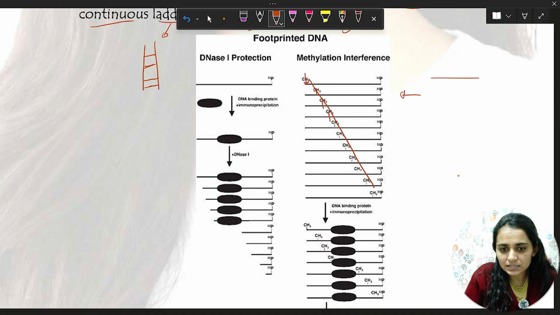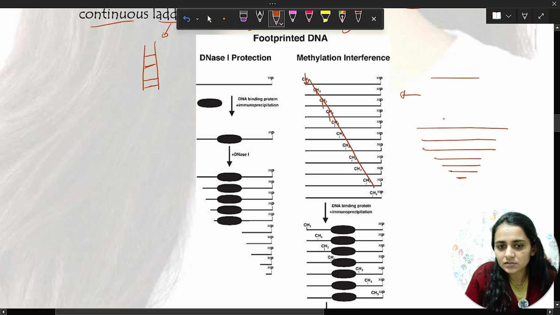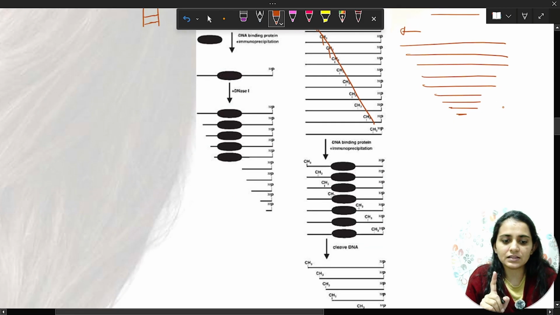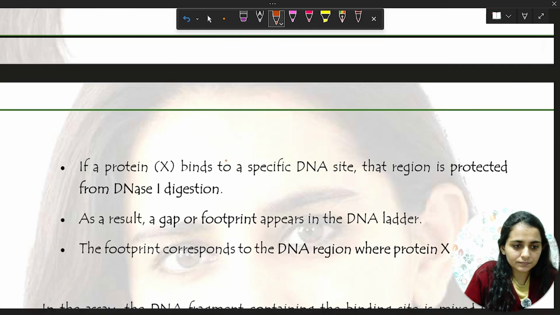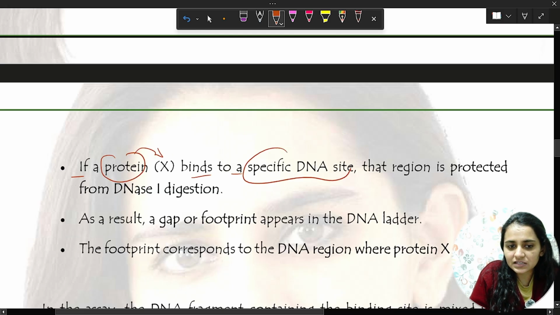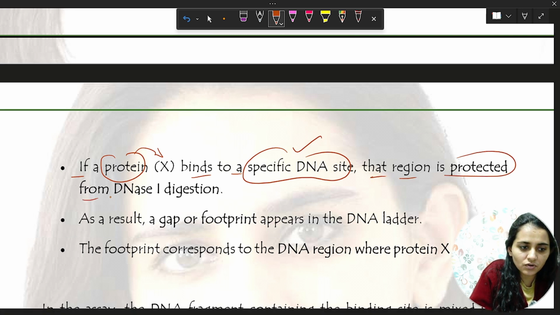So small size will be here, and after that here. This will be the sequence of the DNA strands in the electrophoretic gel.